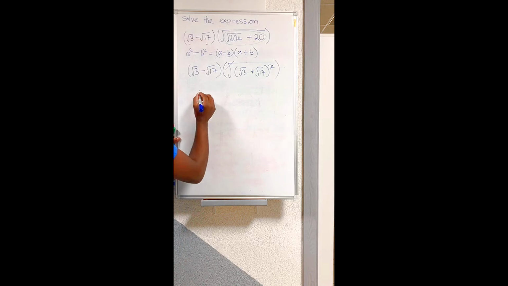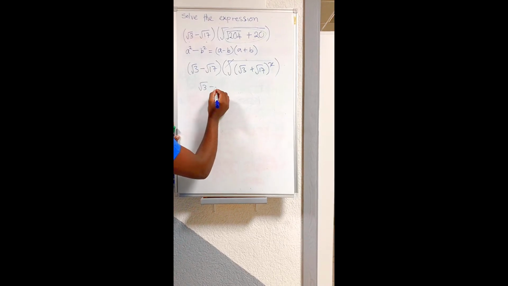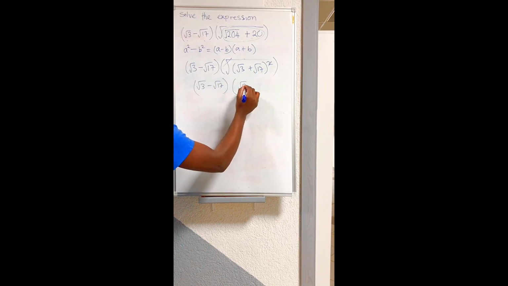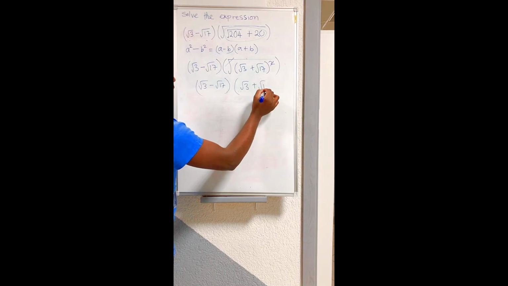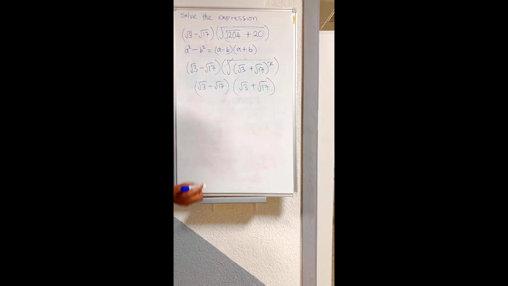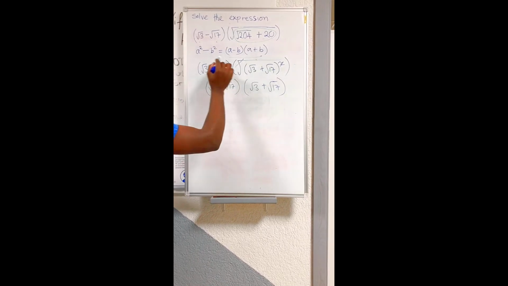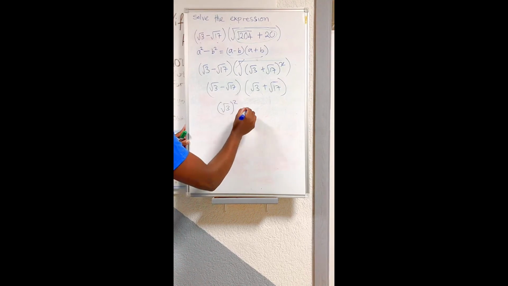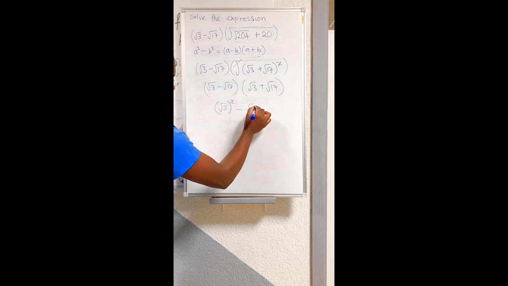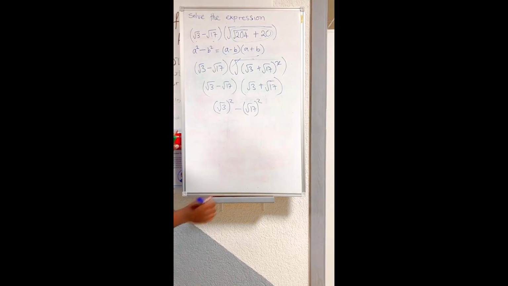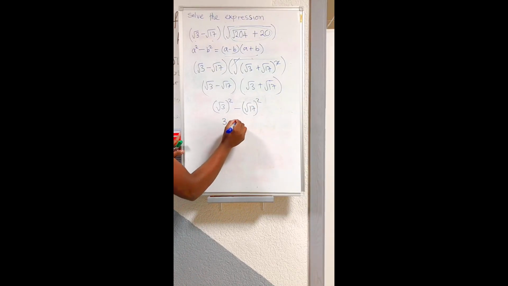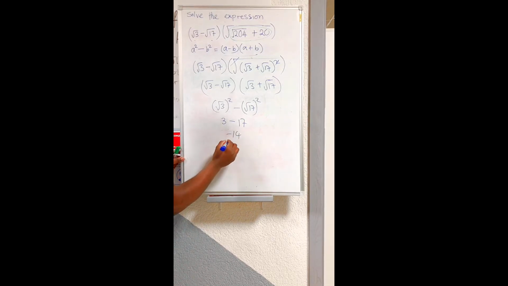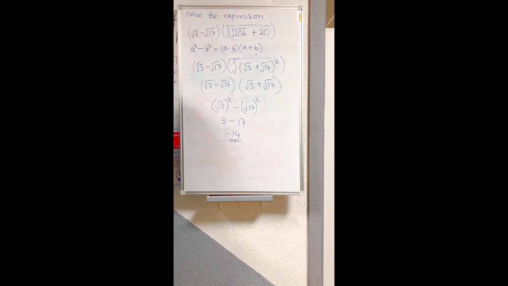So what you have is root of 3 minus root of 17, multiplied by root of 3 plus root of 17. This is exactly the difference of two squares. So this was the same as root of 3 squared minus root of 17 squared. So this is 3 minus 17, which will just give you negative 14. And that was our answer.